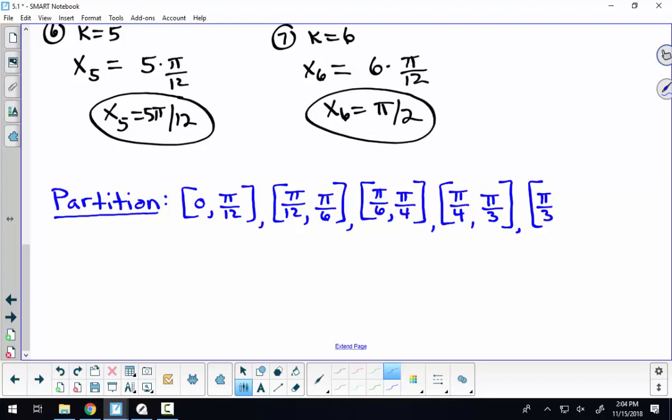Pi over 3 to 5 pi over 12, and then 5 pi over 12 to pi over 2. Again, those are the rectangles. This is rectangle 1, 2, 3, 4, 5, 6.